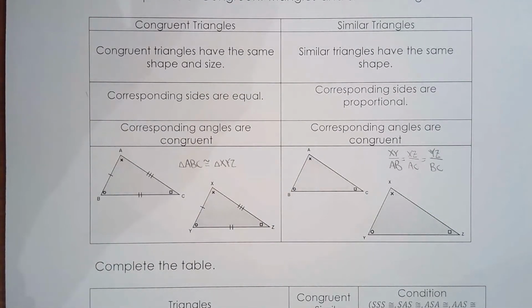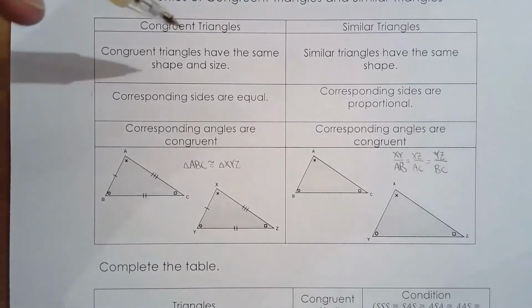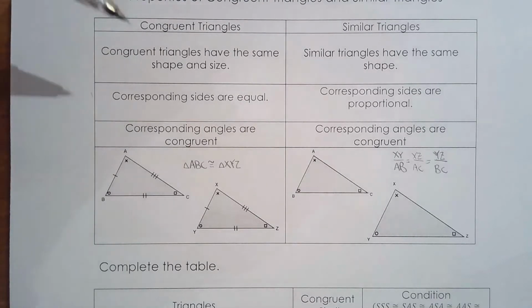The big idea in this lesson is, first of all, you need to know what facts are true about two triangles when they are congruent or similar. But the big idea we're trying to get after is proving that two triangles are similar or congruent.